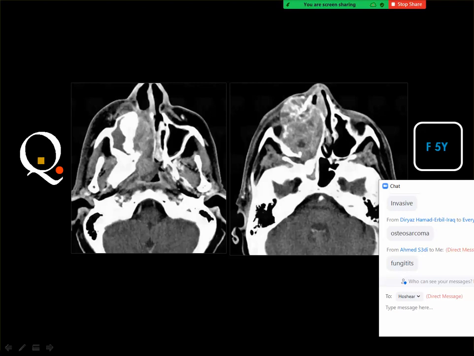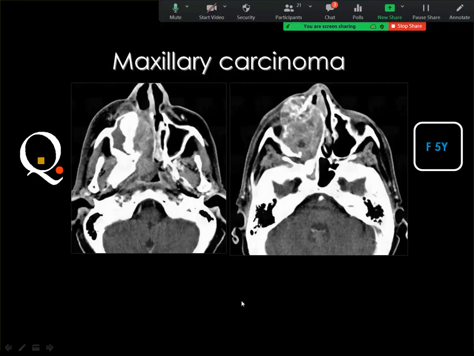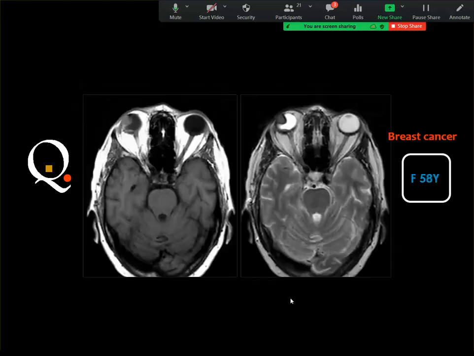Then, whenever you feel that this mass is malignant, you consider first possibility carcinoma, and you look for the anatomic location of the lesion, maybe the ethmoids, maybe the maxillary sinus, and this was the maxillary sinus carcinoma, which has extended into the nose and some part has involved the nasopharynx. This patient, 58 years old with breast cancer, showed an intraocular lesion on the right side.